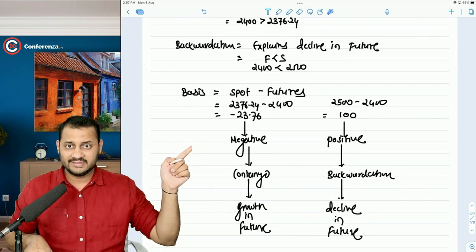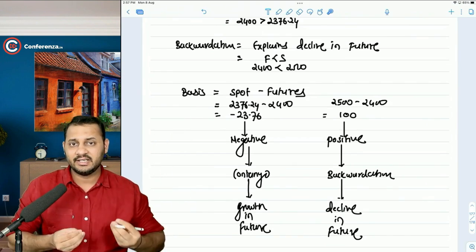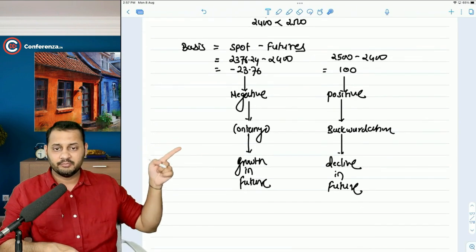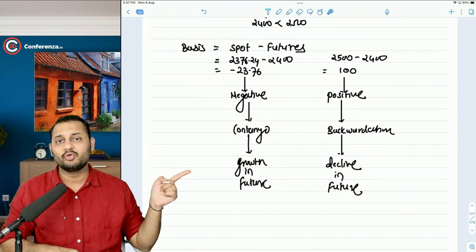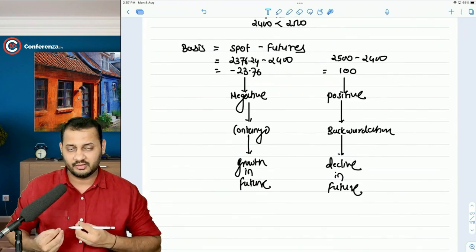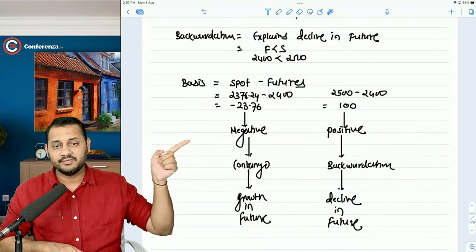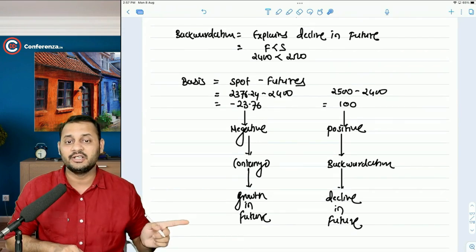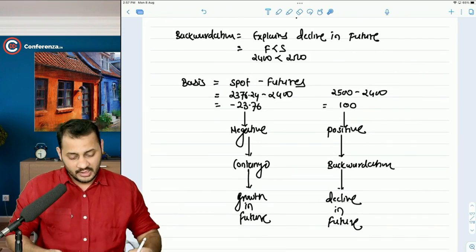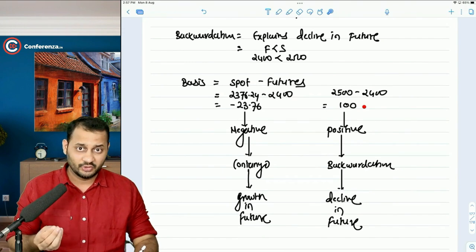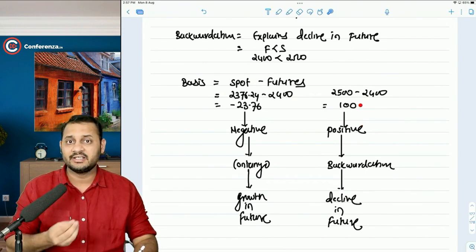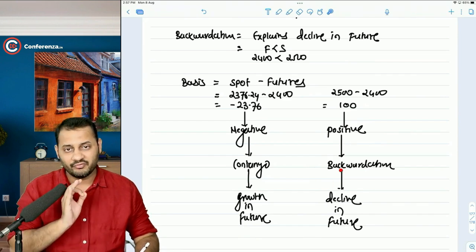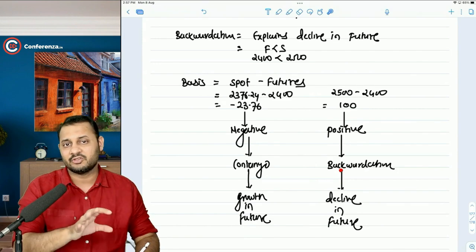Negative basis or minus answer indicates bad thing on this one side, but ultimately it is resulting into growth, which is a positive factor, right? Which is a good factor. Negative sign or a negative basis is a bad factor, but in this concept it represents growth, which is good. And positive basis, which is a good sign, positive is a good sign, indicates good things, but it is actually decline and backwardation.